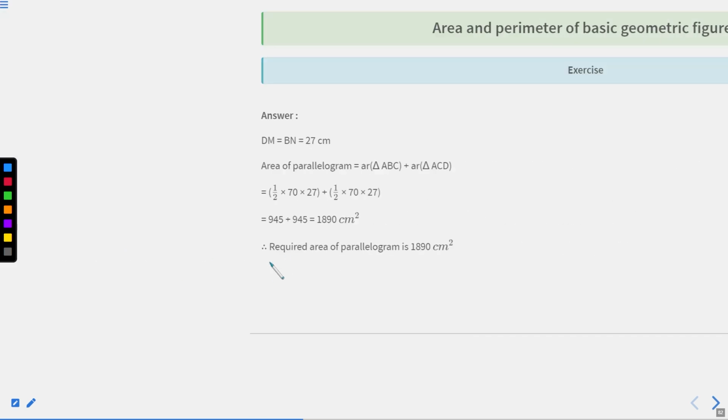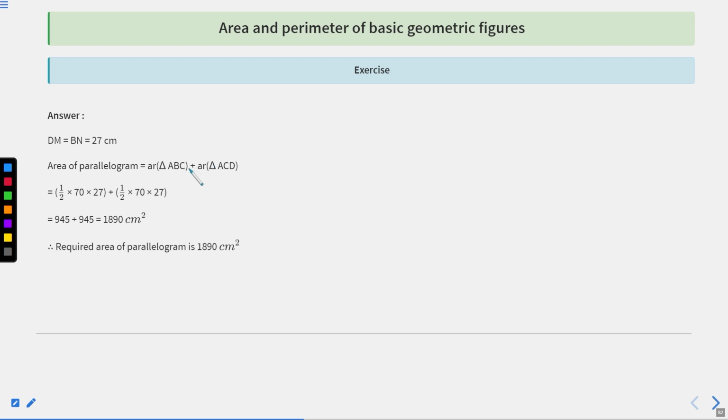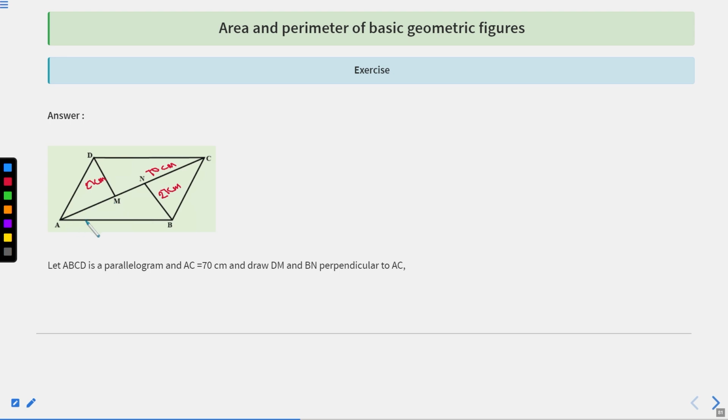So the area of the parallelogram can be broken into two parts, that is the area of triangle ABC plus the area of triangle ACD. So if I can find the area of these two triangles, then I can easily tell the area of the complete parallelogram. So how am I supposed to do that?